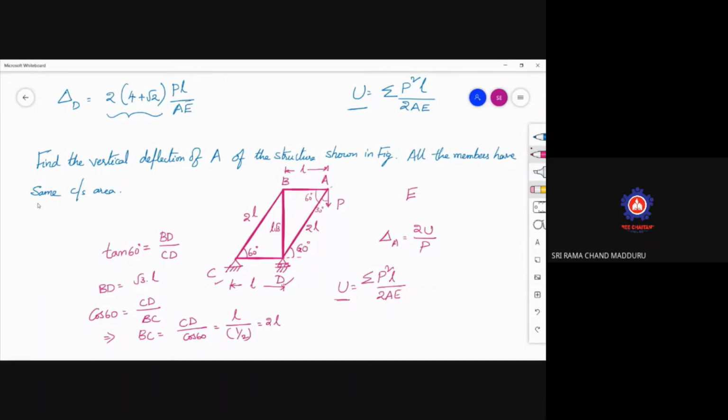Calculate the U value and substitute here to get the deflection at A. The final answer is, please check whether you are getting the same answer or not after doing this problem.